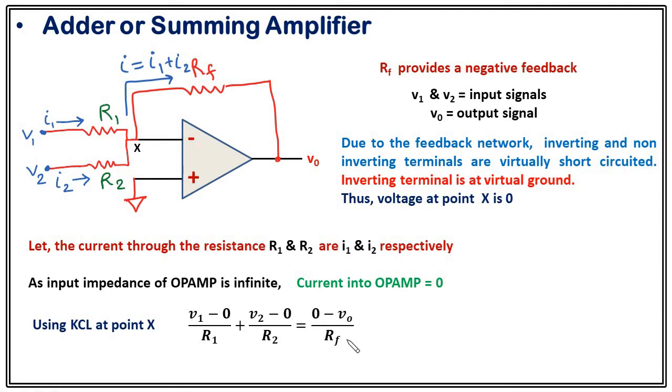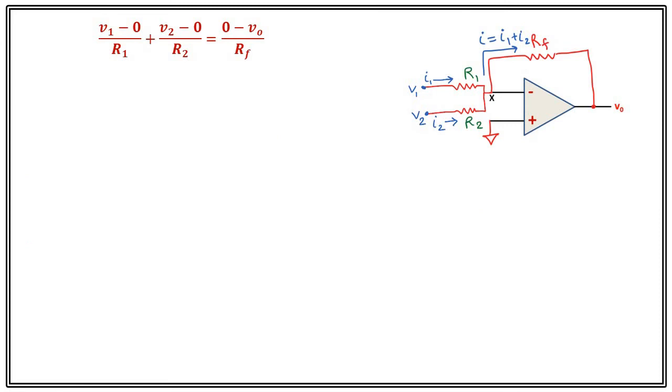This is just a simple way to say that I1 plus I2 is equal to I. Just simplify it by rearranging the terms, and we can say V0 is equal to minus RF upon R1 times V1 plus RF upon R2 times V2.